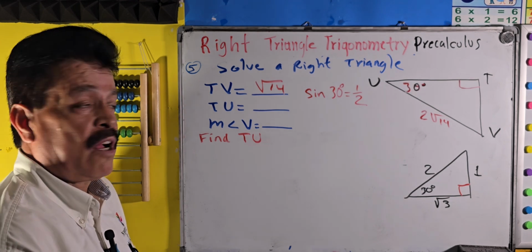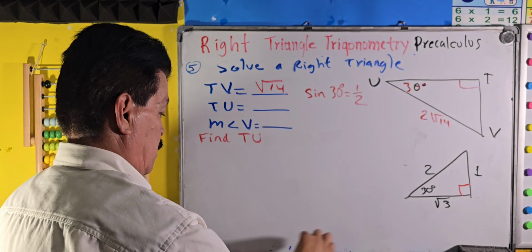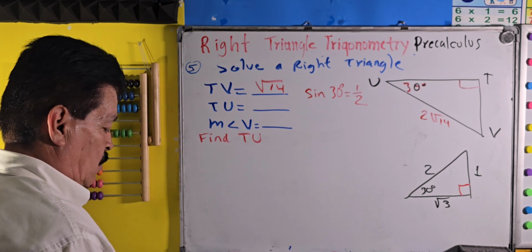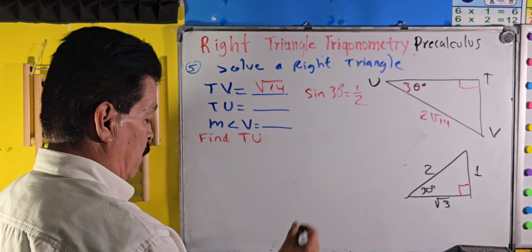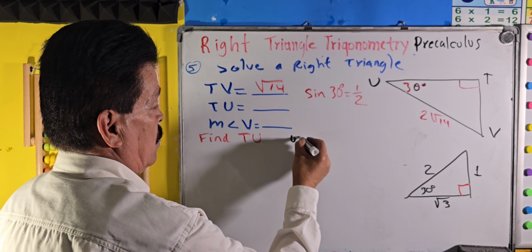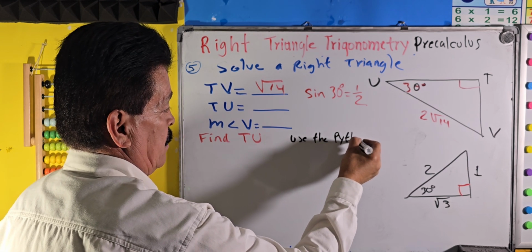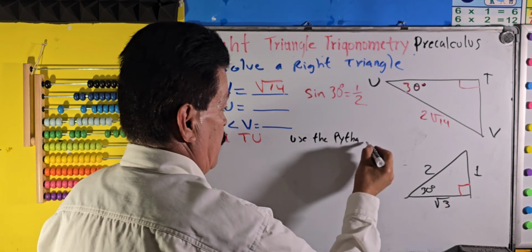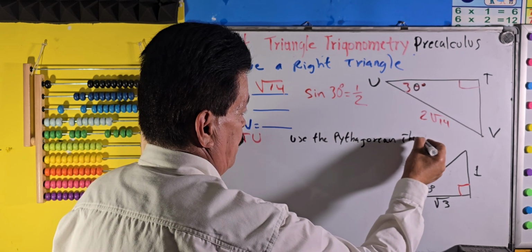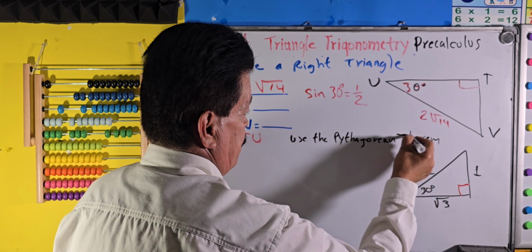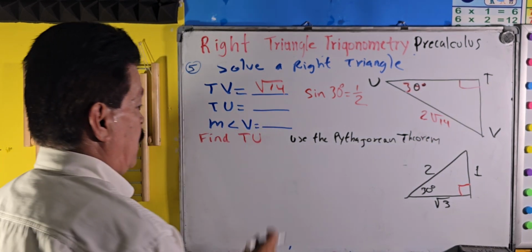So how do we find TU? TU, this side. Use the Pythagoras theorem and then find TU.